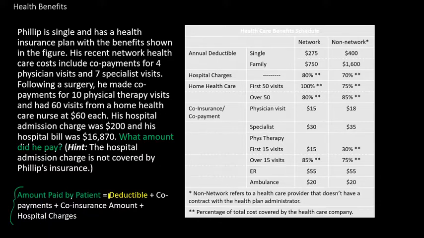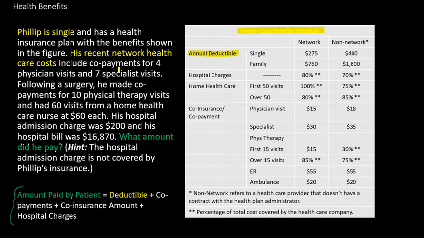Deductible was not mentioned in here, but we can look at the healthcare benefit schedule and find deductible. You can see here it says annual deductible, and then it's for single or family, and then network or non-network. Well, it said in here that Philip is single, and then it says his recent network healthcare costs, meaning these were in-network.